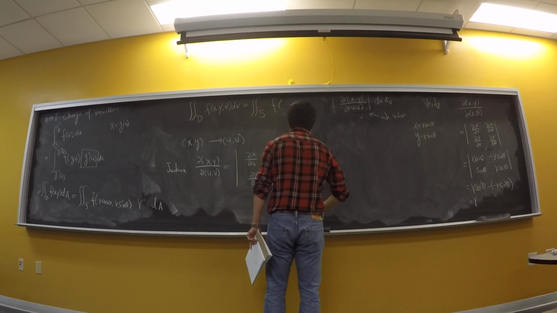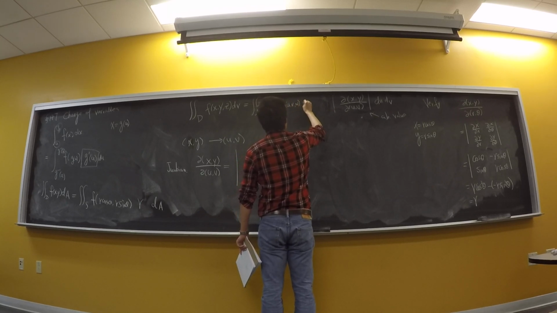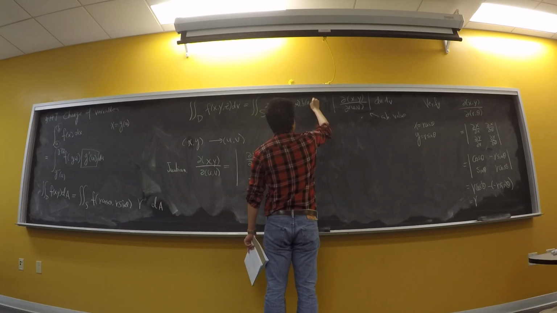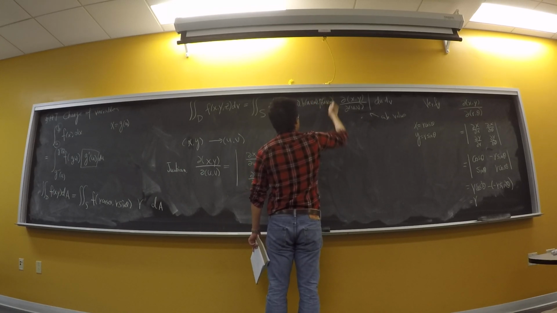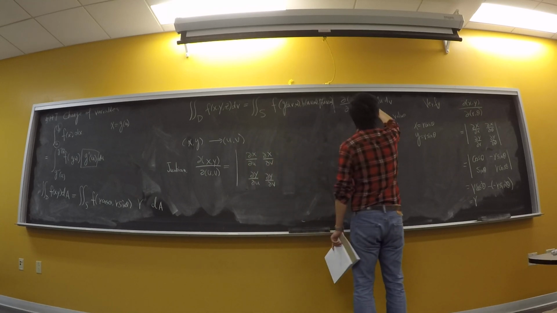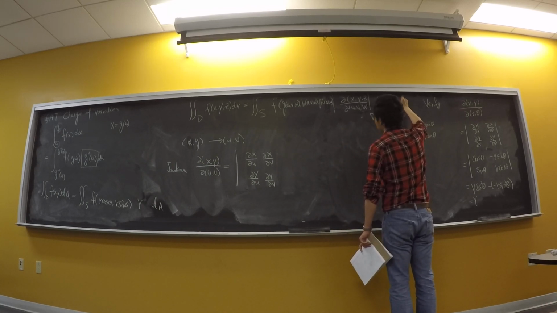So it's going to be T of UVW, H of UVW, and P of UVW. And then this Jacobian factor is going to be partial xyz to partial UVW, du dv dw.